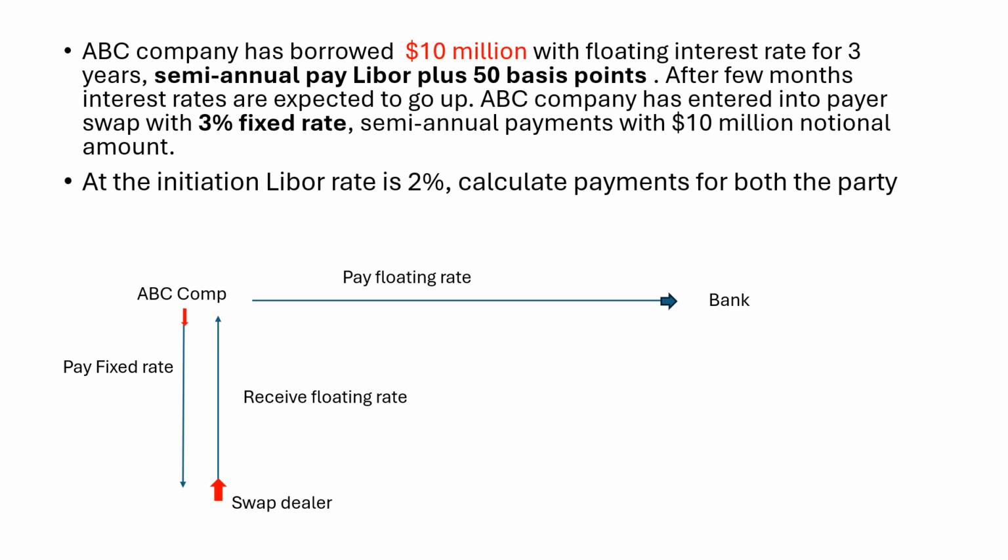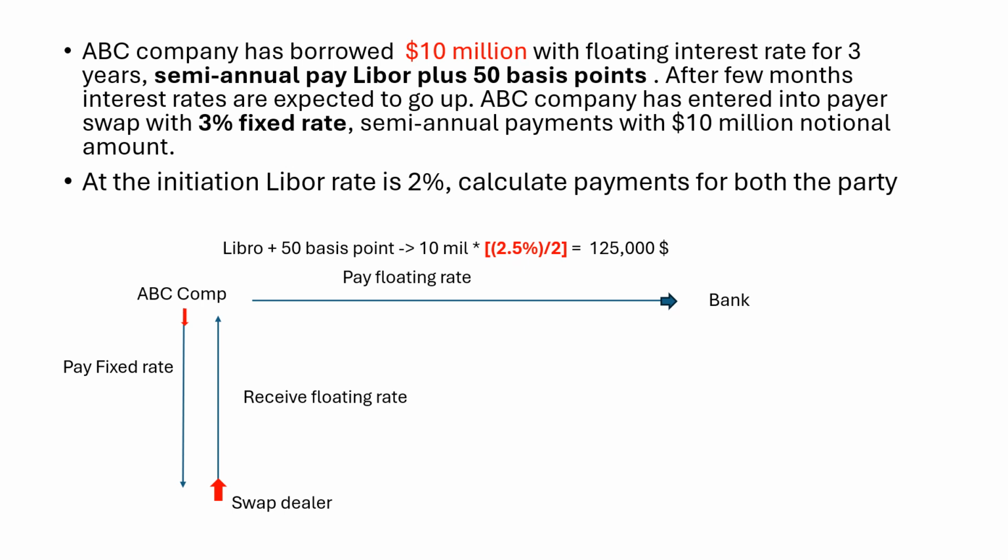So for this time it is given that the 2% LIBOR rate is there, and the 2% is always an annual rate. So we need to calculate the semi-annual rate. LIBOR plus 50 basis points, so 2.5% divided by 2 for the semi-annual rate multiplied by 10 million, which is $125,000. This company will pay to the bank.